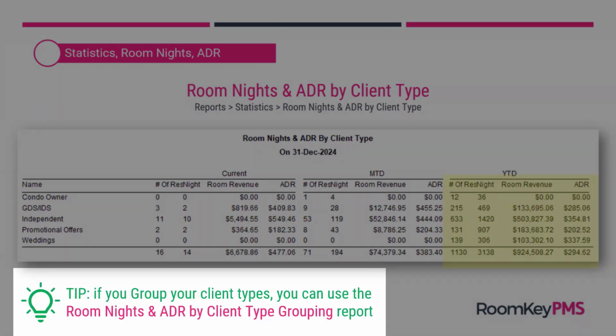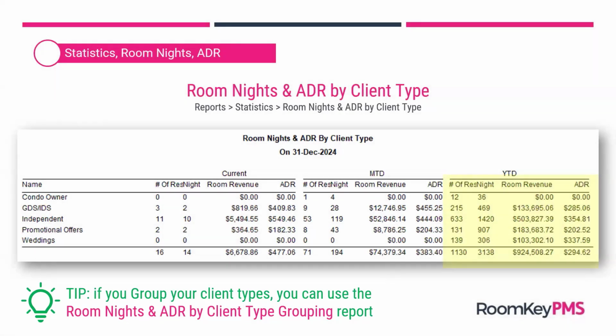A little tip for this type of report, there is a variation of this report and it's called room nights and ADR by client type grouping. When you set up your client types in the system configuration menu, if you have created groupings or you have grouped certain client types together, you can use the room nights and ADR by client type grouping variation to report on those groups instead of the individual client types.